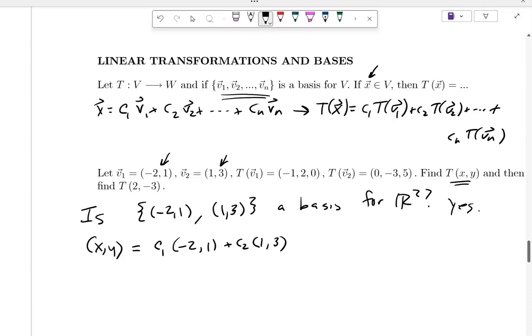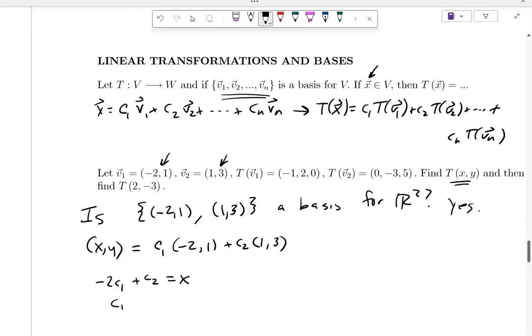Okay? So can you give me a couple of equations that would have to be true in this case? -2C1 plus C2 equals x. That was just equating first components, right? What else would have to be true?